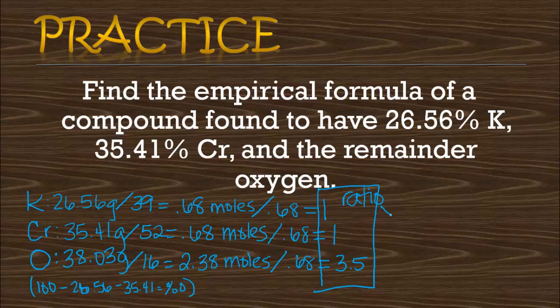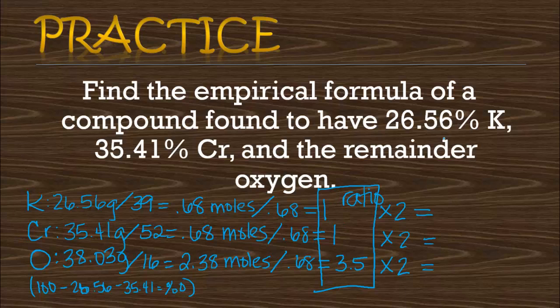So what we're going to do is take each of these and multiply it by 2. Even though just my oxygen ended in 0.5, since this is a ratio, whatever we do to one, we have to do to all of them. So if I'm going to multiply this one by 2, they all must be multiplied by 2.